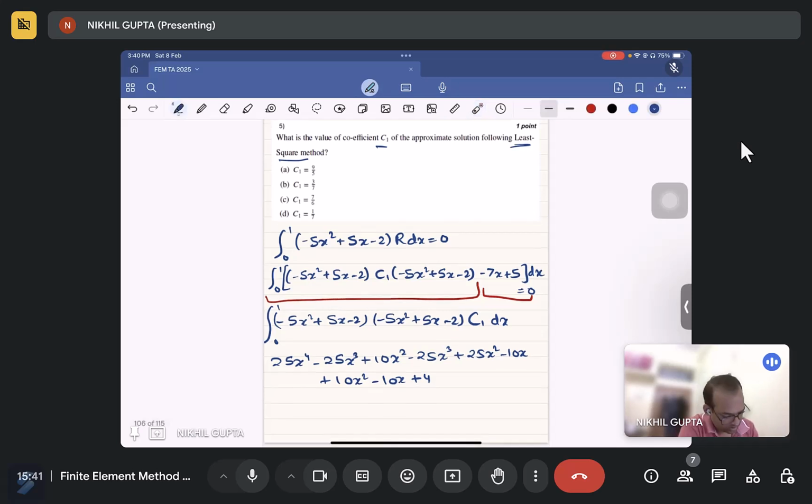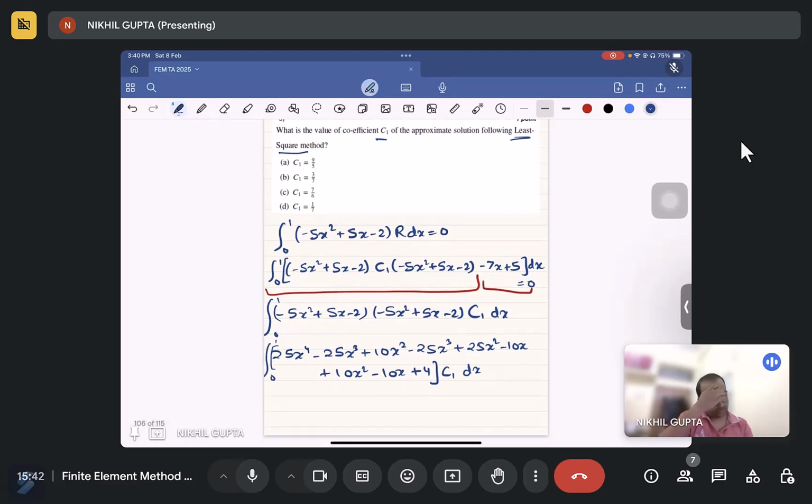Then the integration from 0 to 1 of this dx. So we have to do an integration here. This will be 5 minus 25 by 2 x power 4 plus 15 x cubed minus 10. Wait, we should write one more step here.